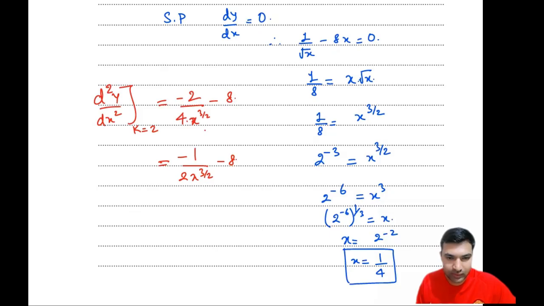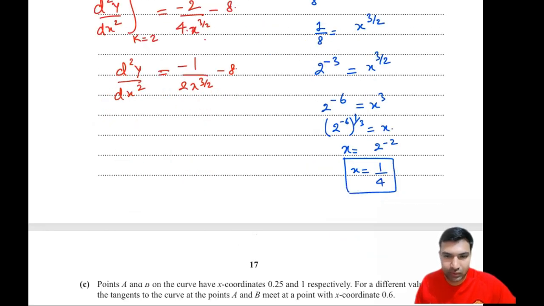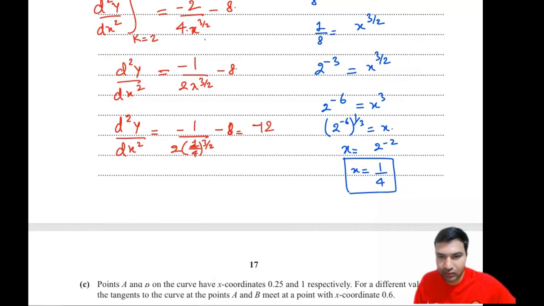So that's the second derivative we have at k equal to 2. Now I need to check for x equal to 1 by 4. So the second derivative is minus 1 over 2 times 1 over 4 to the power 3 by 2 minus 8, which is basically 1 by 2 times 8, minus 8. So that's negative 12, which is actually lesser than 0. And therefore, x equal to 1 by 4 is a maximum.